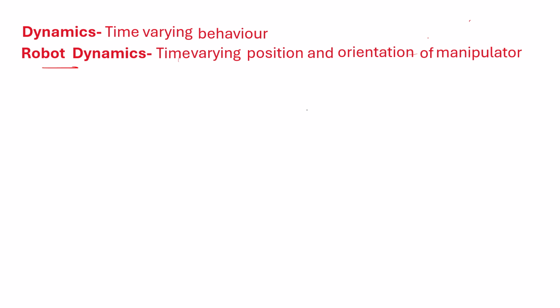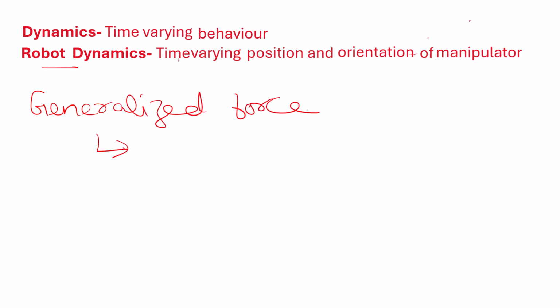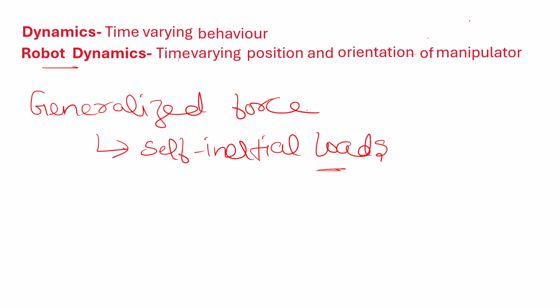The purpose of robot dynamics is to determine the generalized forces required to overcome the self-inertial loads, that is, the inertia caused by the weight of the links inside the robot, and also to produce the desired motion.